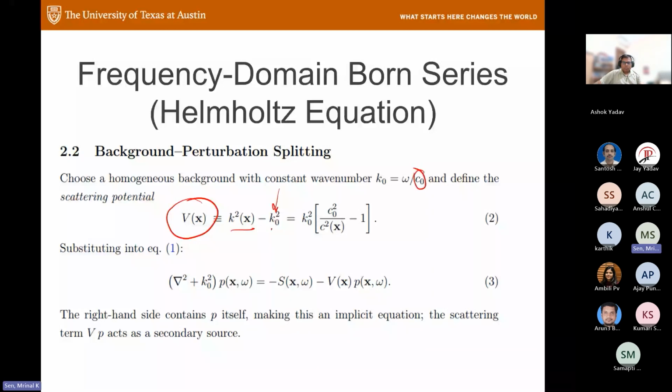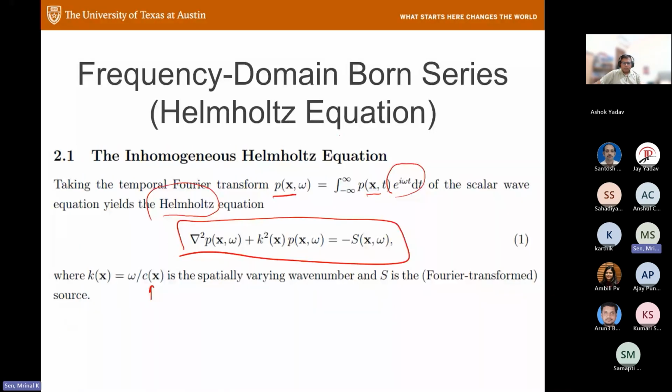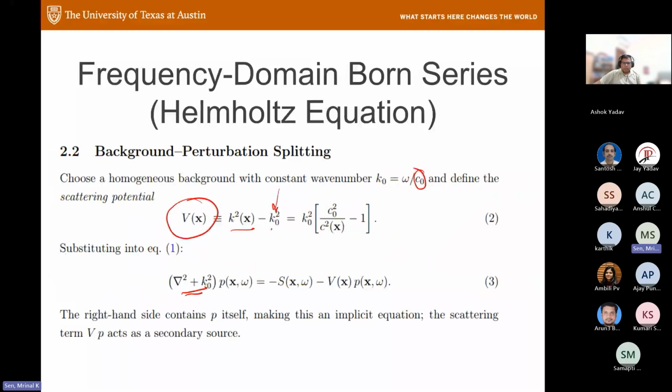So here, if you look at this equation for the background, I can take this original equation, which is what I have here: del squared plus k squared, acting on p, right? So k squared is basically k naught squared plus the scattering potential v, right?